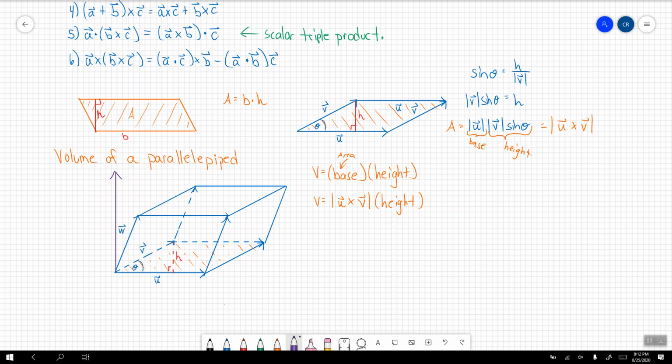We have the cross product of u cross v. As we start looking at the cross product for u cross v, this is now beneficial, because at the end of the day, we also get something else for free. We get this angle, which we'll call beta.